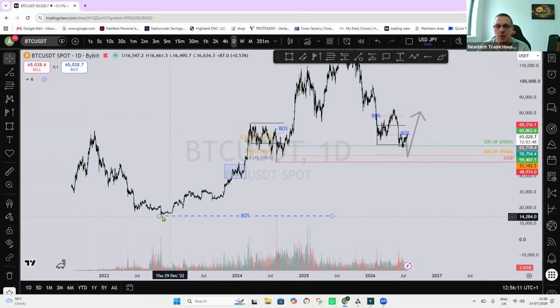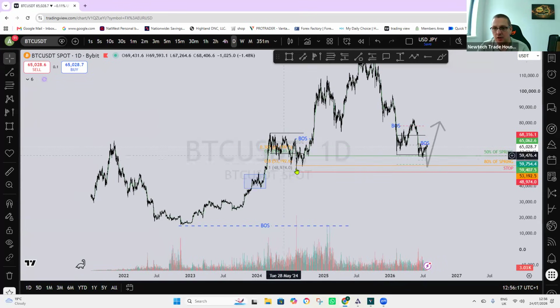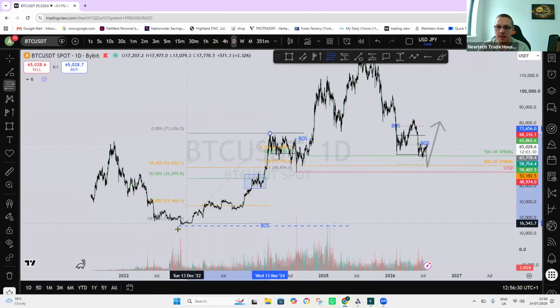Okay, now we've got to measure on this leg whether this is a pullback or whether this is nothing. We may ignore it if it doesn't reach the 38.2 and move up to the next bit. So we'll get our fib. We want to go to the top of the market, down to the low of the market.